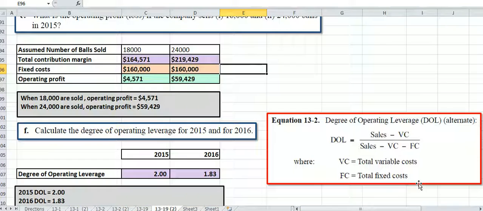And you can see that as fixed cost, since this is in the denominator, becomes more and more a part of our costs, if the ratio of fixed cost to variable cost is higher, then this is going to make the denominator smaller, which is going to make our leverage ratio higher.